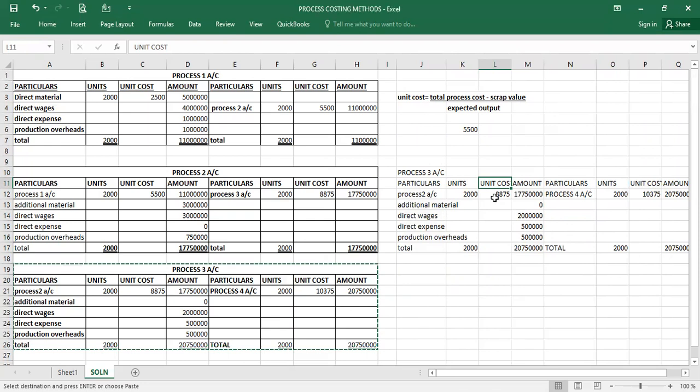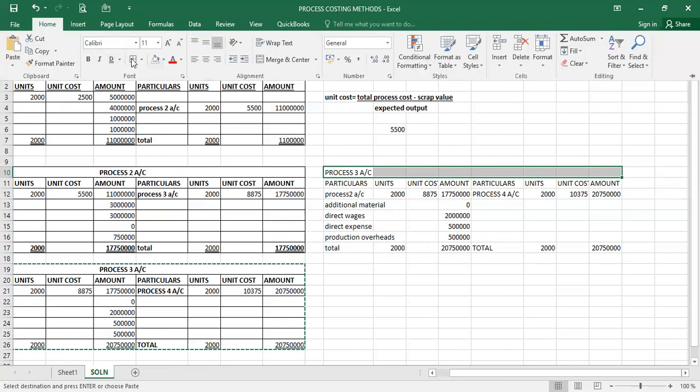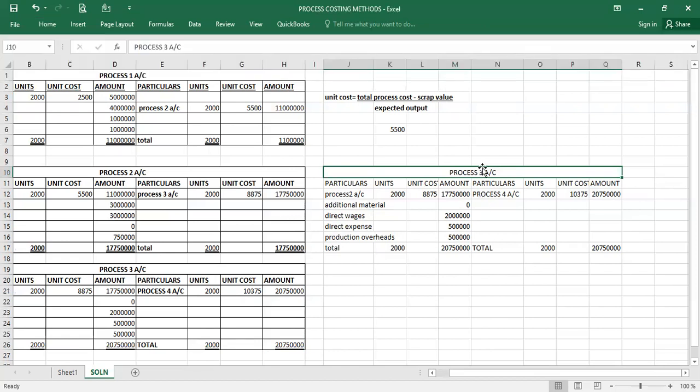Hope you will be able to see these figures. This is now our process 4, which is the last one.